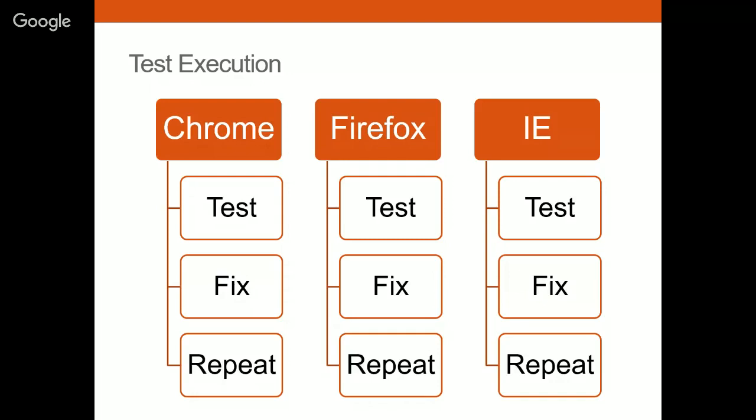As for the order of the different browsers, in this example, we have Chrome, Firefox, IE. Here, Chrome is our main development browser and will most likely support every feature. And we will mostly find problems in the browsers the developers don't use during development.